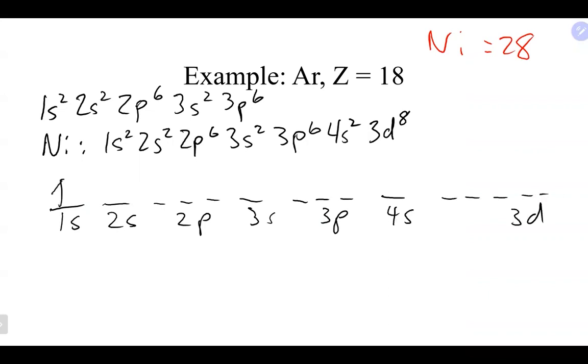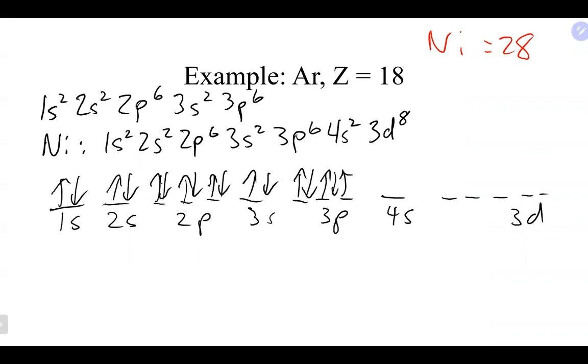And it basically would feel like this: one up, one down, one up, one down, up, up, up, come back and pair, up and pair. For the p, we would go one at a time, and then come back and pair. This would go up, this would go down. And then with the d, same thing would happen. We would go up first. So that's 1, 2, 3, 4, 5, 6, 7, and 8. So it looks something like that. Other questions on that?